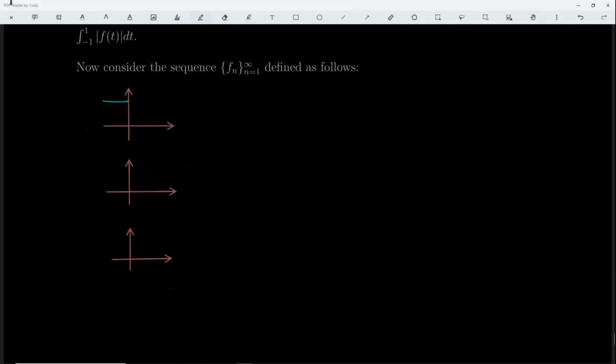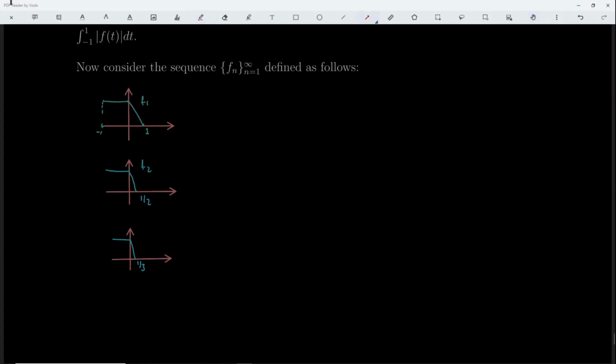So this is 1. And that is equal to 1. So this is f1. This is -1. And f2 is something like this. This is 1/2. And f3 is this, this is 1/3.